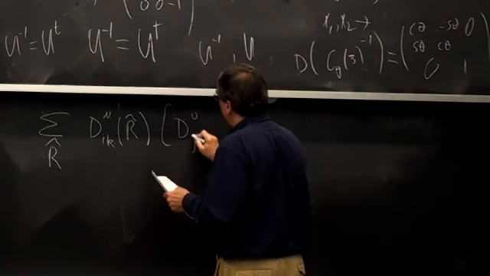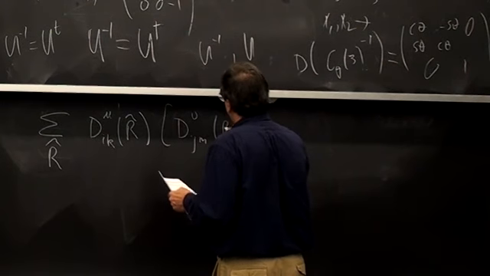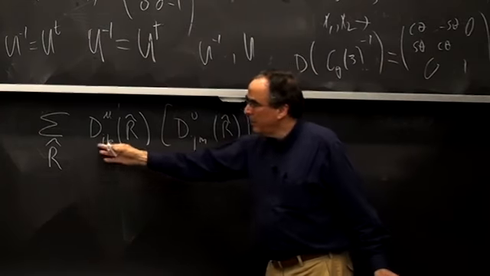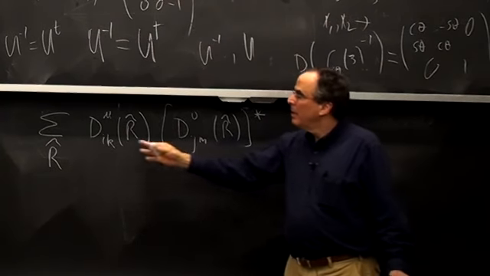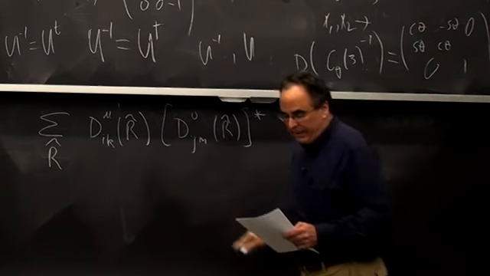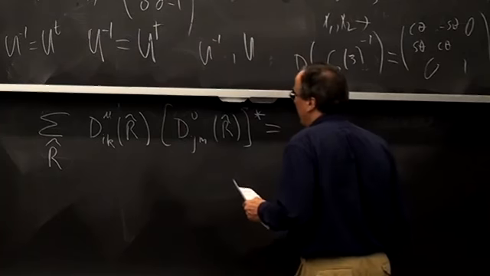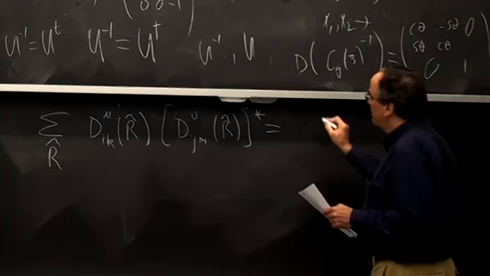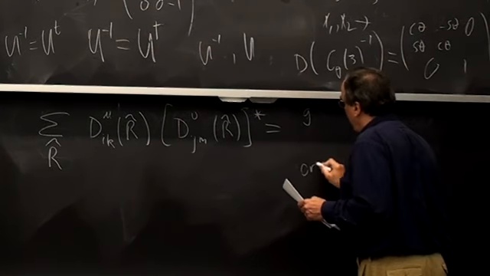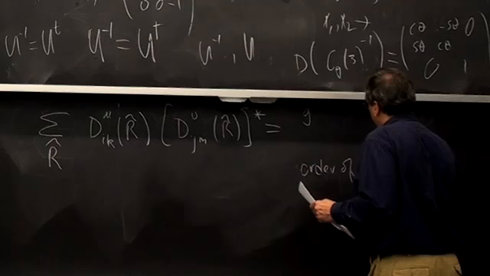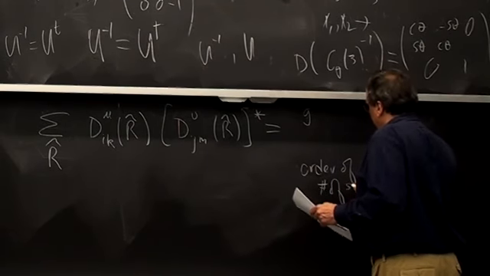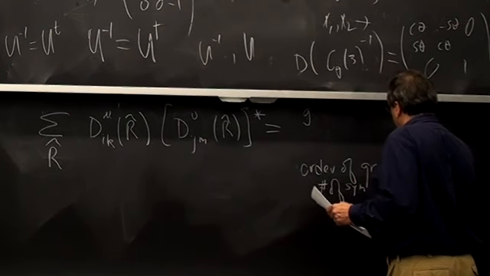And we have J and M and R, same R, complex conjugate. So here are two sets of matrix elements. The great orthogonality theorem tells you that this product is G, the order of the group, which is the number of symmetry elements.